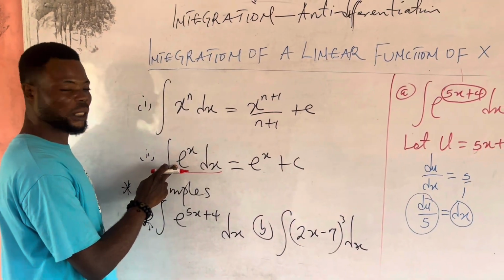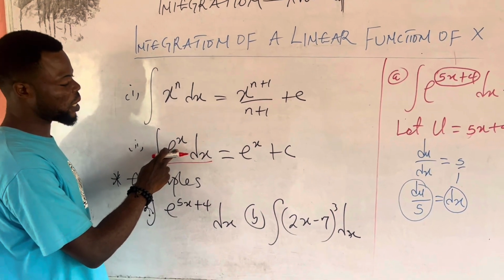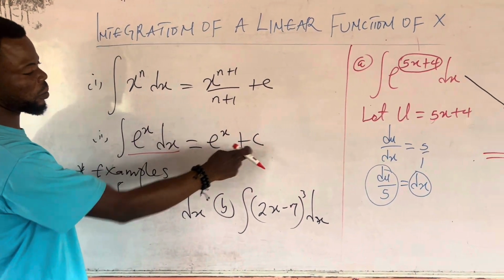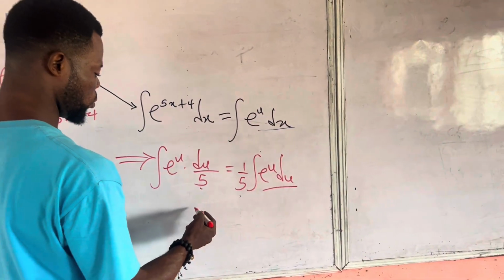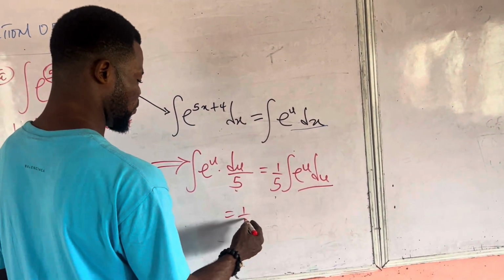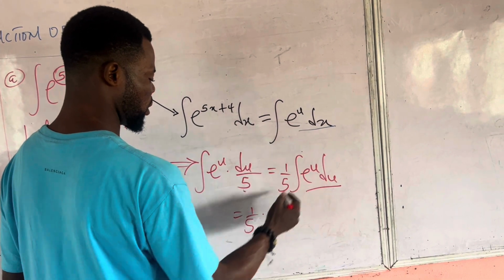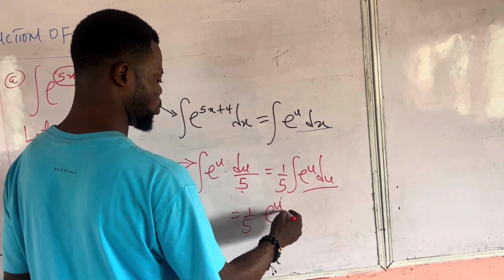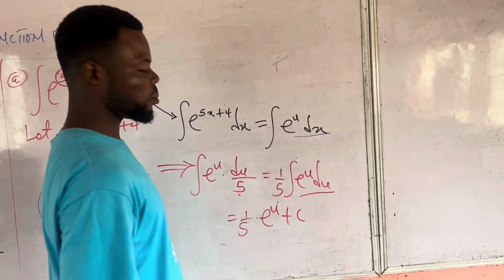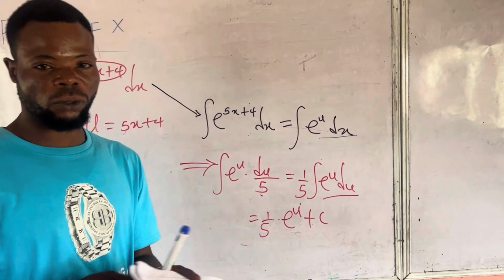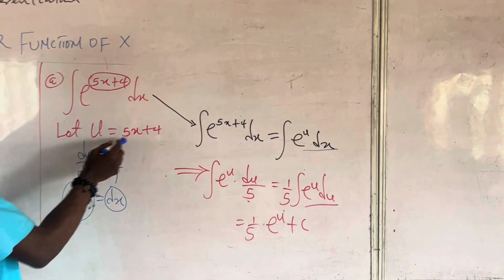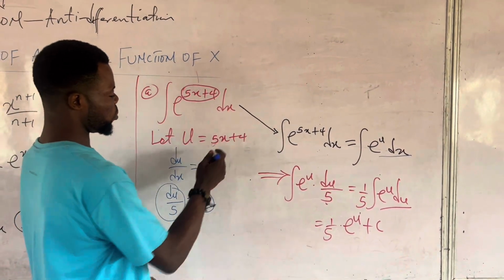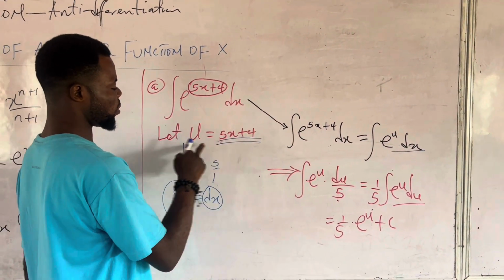So the integral of exponential x gives exponential x plus c. Likewise here, exponential u will now have 1 over 5 times exponential u plus c. But don't forget, we substituted u for this function, so we need to replace the value of u.